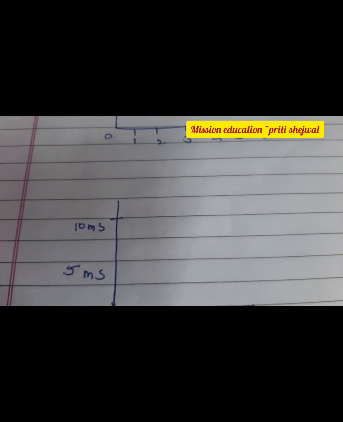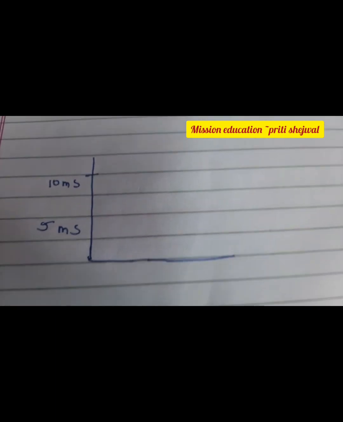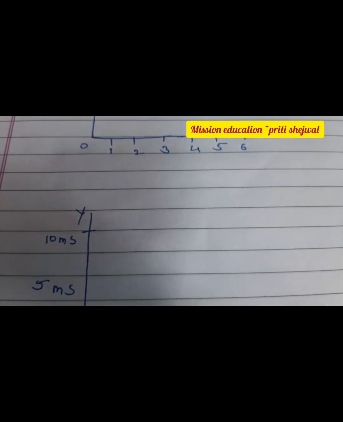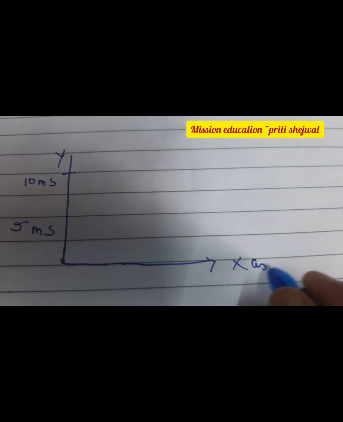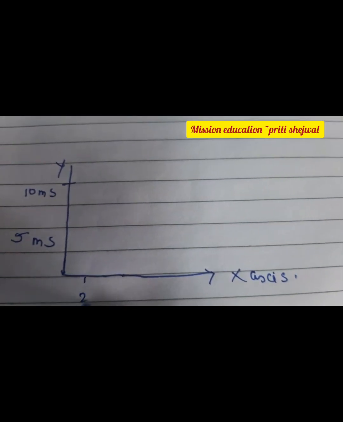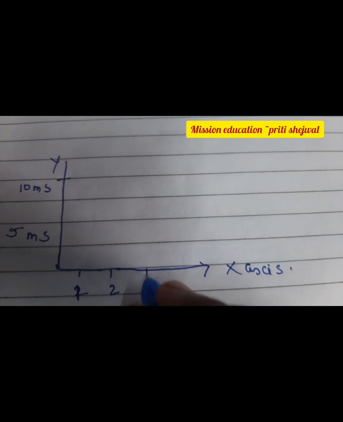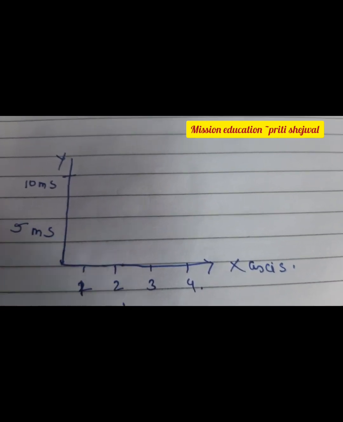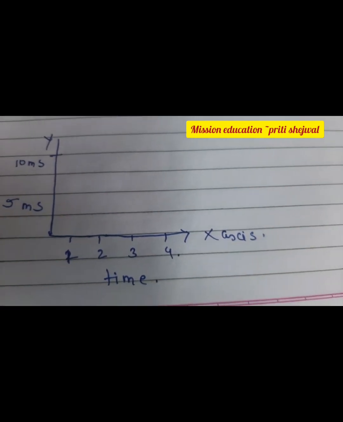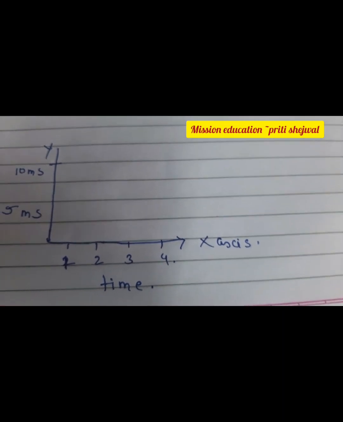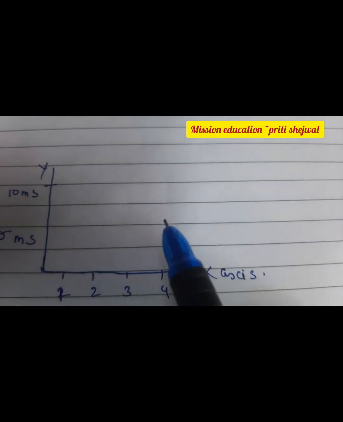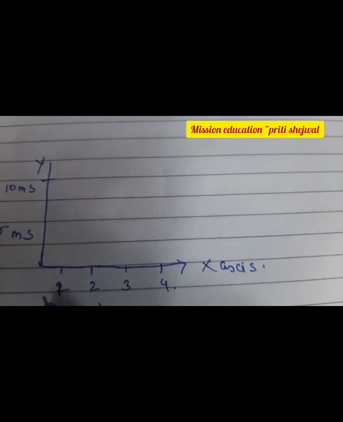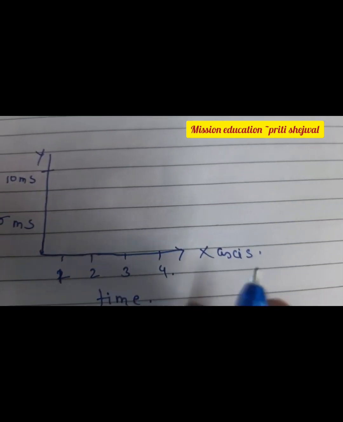Okay, velocity on the y-axis, and this one is the x-axis. So 1, 2, 3, 4. This is the time. So how are you going to find out the displacement from this graph? The object is moving at a constant velocity.